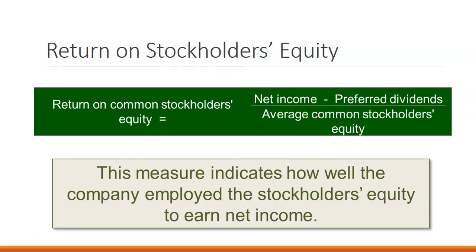Return on stockholders' equity removes preferred dividends from the information. If an organization does not have preferred dividends, then return on stockholders' equity and return on equity will generate the same information.